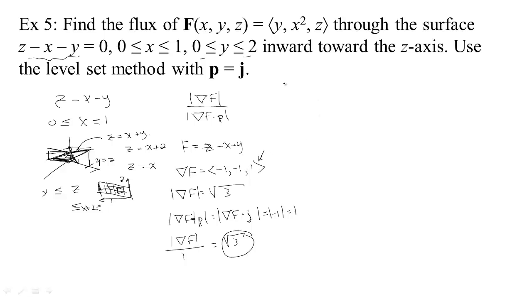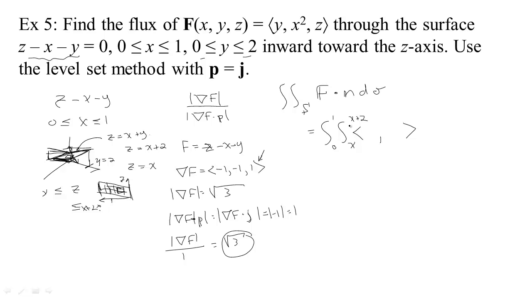Okay, so I've got to set up my integral. Remember, to do a flux integral, you have to go around the surface, adding up the vector field. This is bold F, not to be confused with just capital F, which is my level set function. Bold F dot n d sigma. But we convert that to an integral over a region in the xz plane. We're having x run from 0 to 1 and z run from x to x plus 2. And now I need to write my vector field F here.